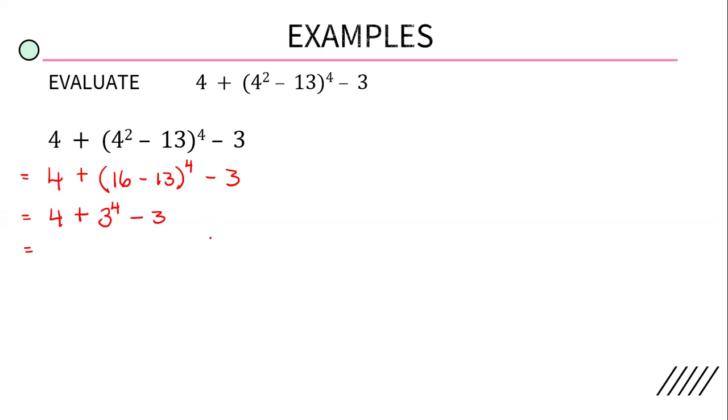I still bring down my 4, plus 3 to the power of 4, which is 81, subtracting 3. Now I can go left to right because I just have addition and subtraction. 4 plus 81 is 85. 85 subtracting 3 is 82.